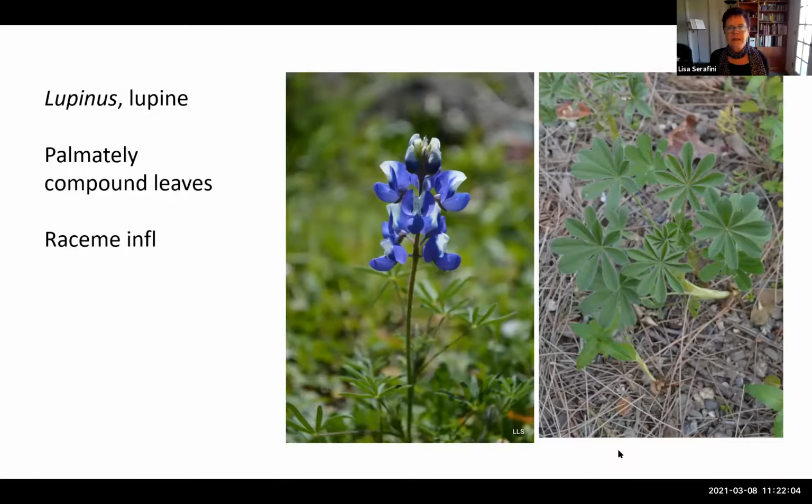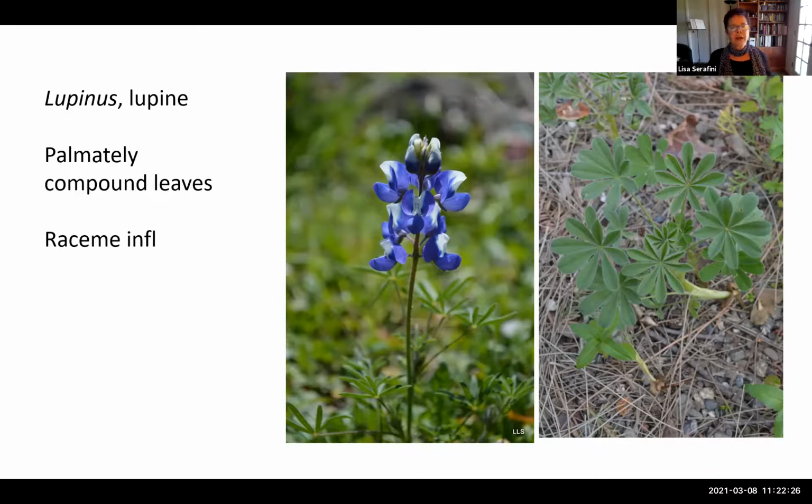All right, let's talk about a really important genus in California in this subfamily, and it's the genus Lupinus, which is the lupins. And lupus refers to wolf, and they named it this because they thought it robbed the soil of nutrients, but of course it's actually the reverse because of the rhizobium bacteria.